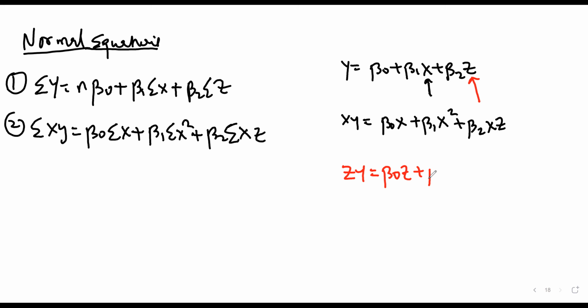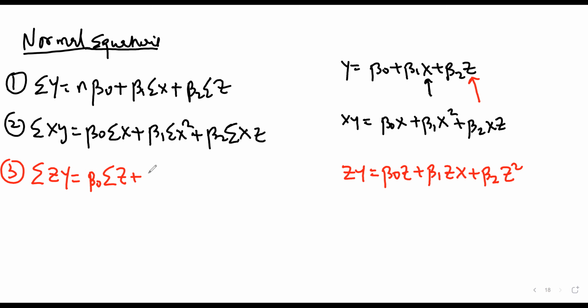Then you sum every term, and you get summation of zy is equal to beta naught summation of z plus beta 1 summation of zx plus beta 2 summation of z square.